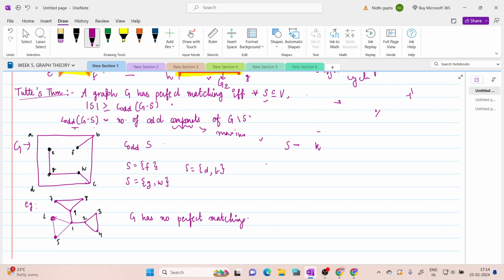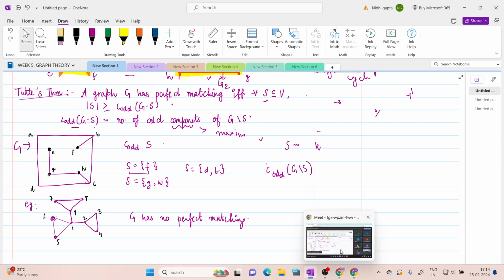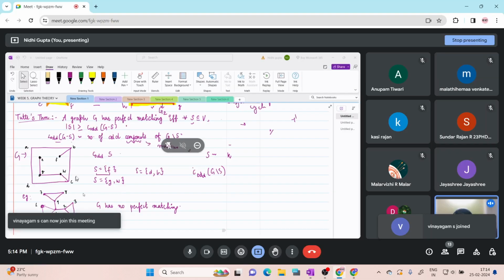So first let's try to see if it has a perfect matching or not. Let's try to compute for something. So what if I take my S to be F, what is C odd of G minus S for this? So basically if I remove F, how many odd components do I get?